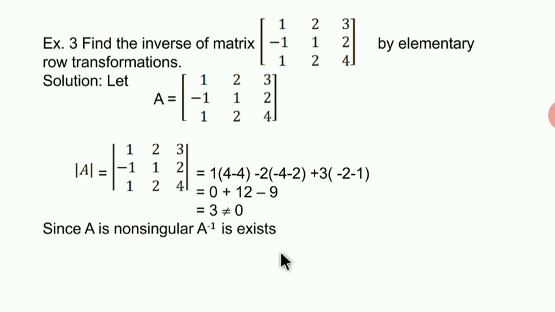Now since we have to find the inverse of the matrix by using elementary row transformation, we consider the relation A inverse is equal to I. To get A inverse, we apply row transformations on this matrix A to reduce it to the identity matrix, and simultaneously the same row transformations will be applied on matrix I on the RHS.